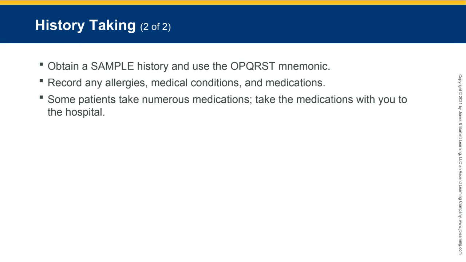Now, not every medical condition will utilize all the letters of the OPQRST. Definitely, if your patient is complaining of pain, you will ask all the letters. But for certain conditions, you will ask certain aspects of the OPQRST.